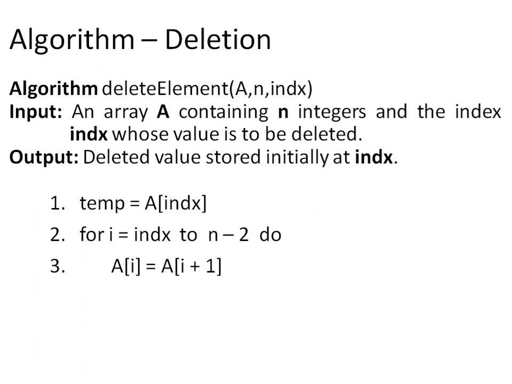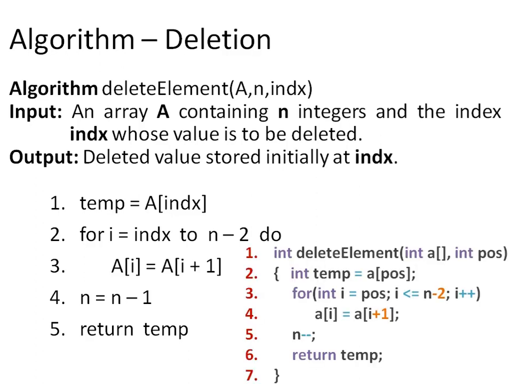Finally, after reducing the size of the array by 1 at line 4, the value stored in temp is returned at line number 5. Again, the best case will happen when we try to delete the last element and it comes out to be constant.